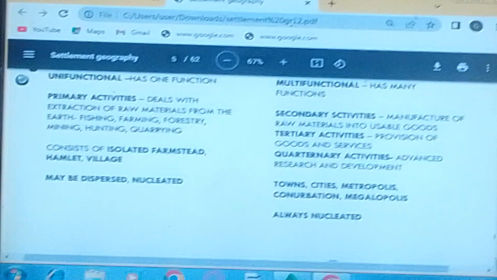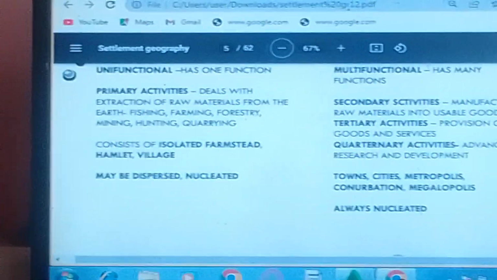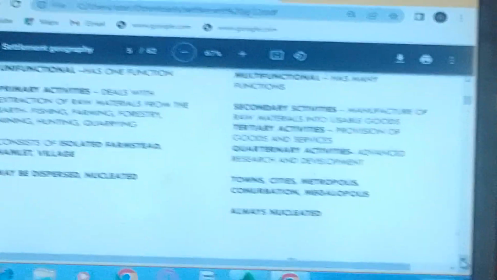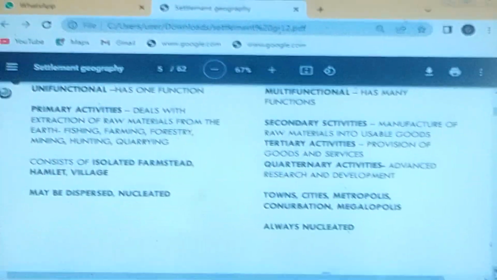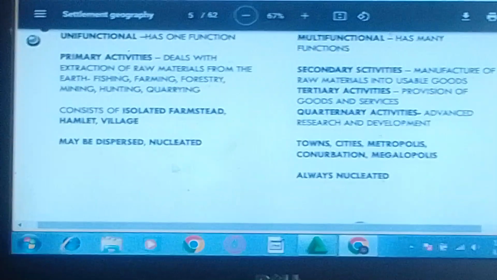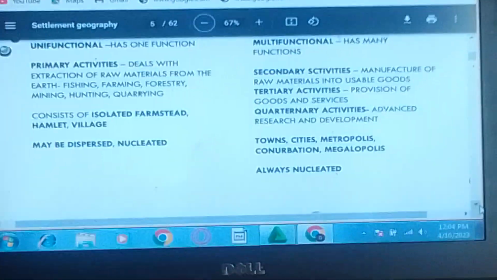So you find that in our urban areas, we mainly have towns, cities, and metropolises, and they are usually nucleated, meaning that they are close together. Whereas in the countryside, the settlements can be dispersed, far apart from each other, or they can be nucleated, meaning that they can be crowded in a certain place.